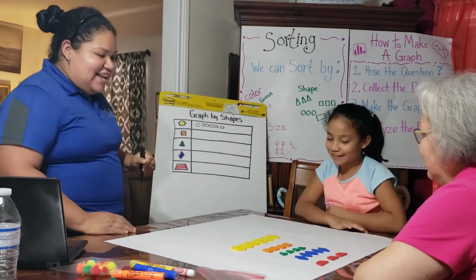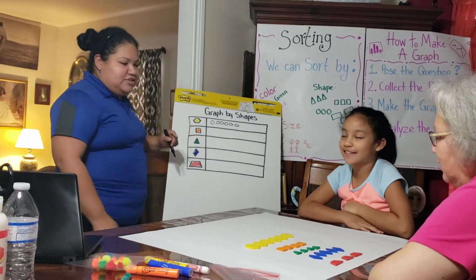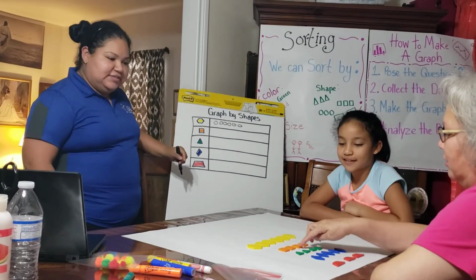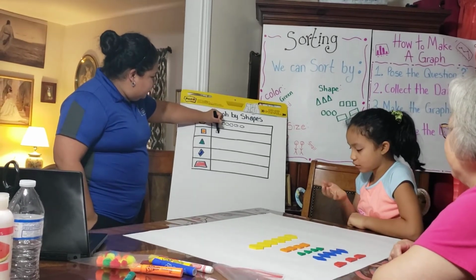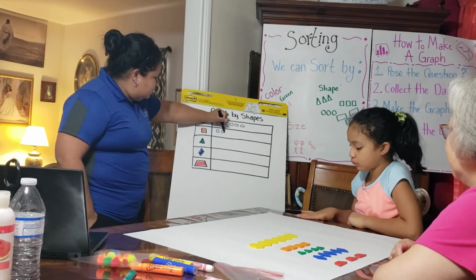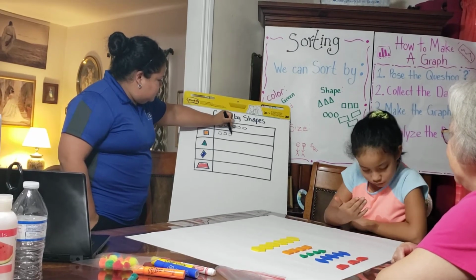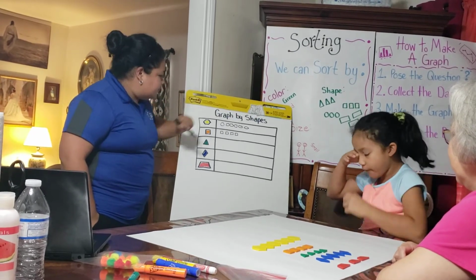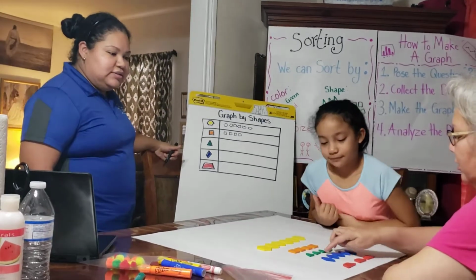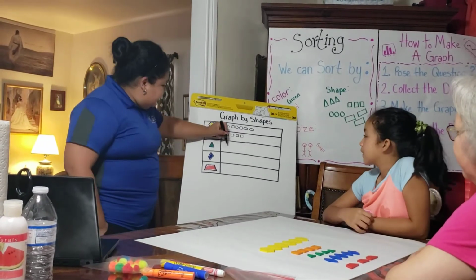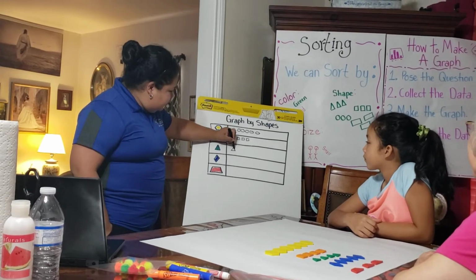All right. Alice, how many squares did you sort? 4. 4 squares. So then you would draw 4 squares. Alice, how many triangles did you sort? 4. 4 triangles. Draw 4 triangles.